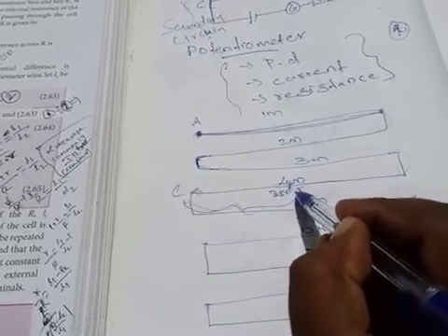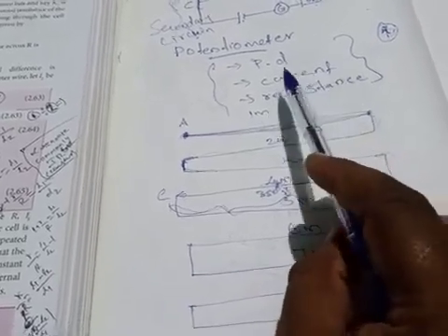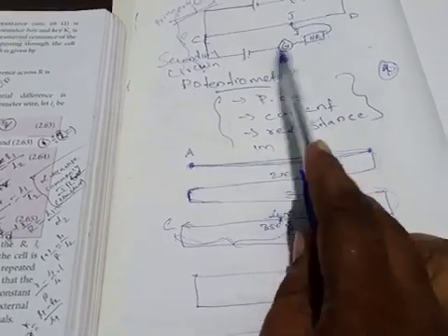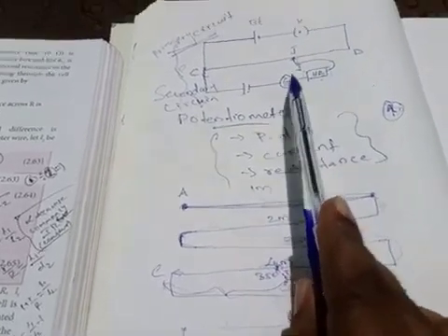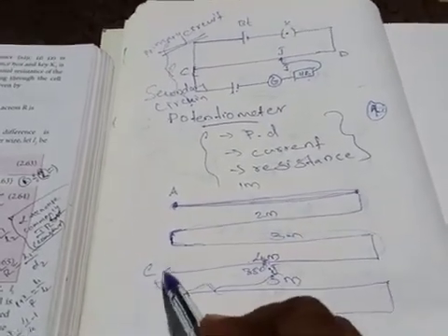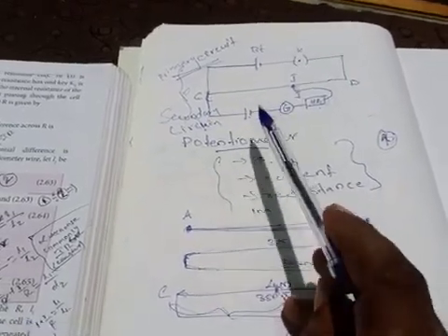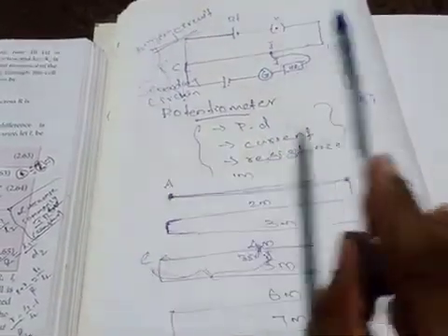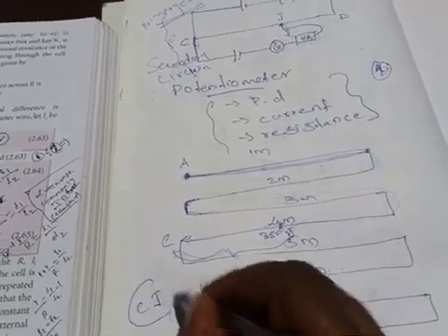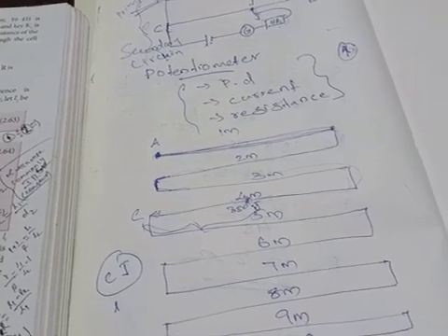When I reached this 350, I got zero deflection on this galvanometer. Why does this galvanometer deflect zero? Because the potential difference across this wire and this cell is equal, so we can say CJ is the balancing length L.